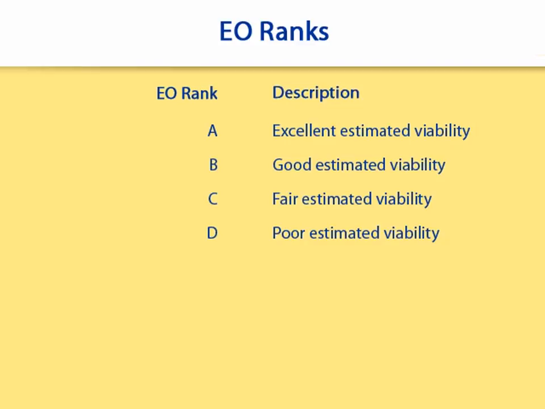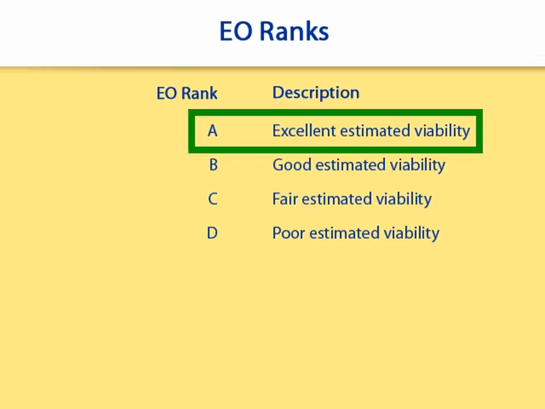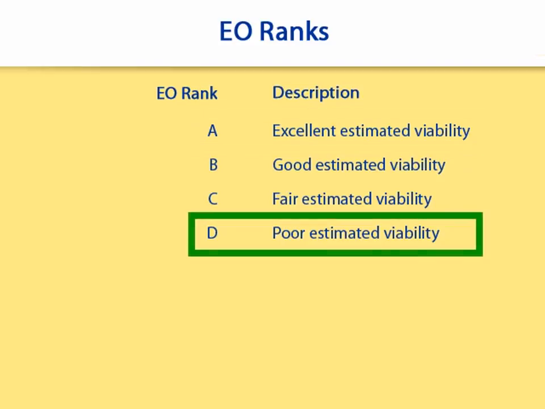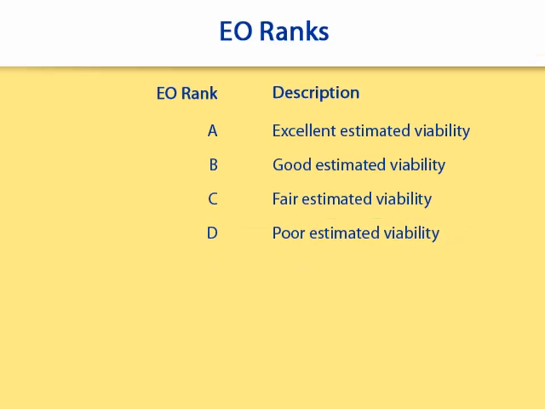Basic ranks for element occurrences are on an A to D scale, dropping from excellent viability, or A, to poor, which is D. If there is not enough information to estimate viability, a rank of E or extant simply says it was observed to be present. H, or historical, means it was last known to be present a long time ago.